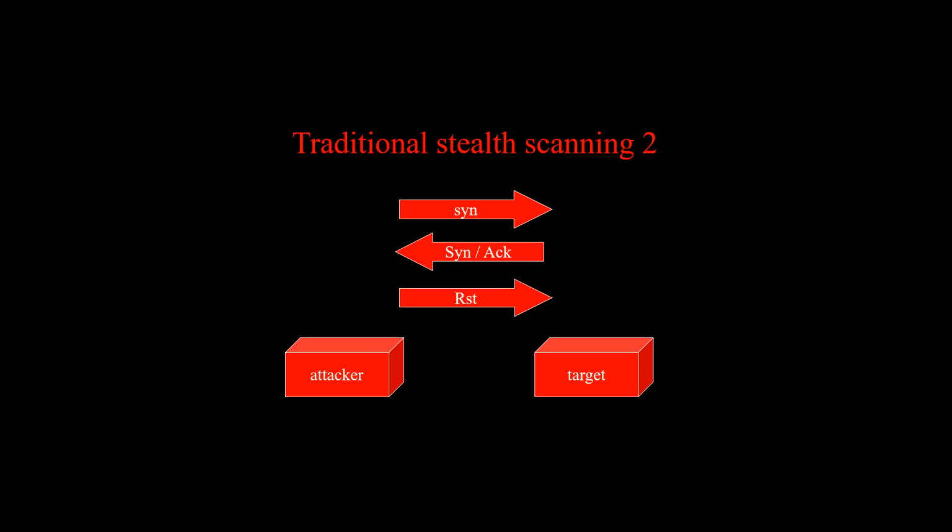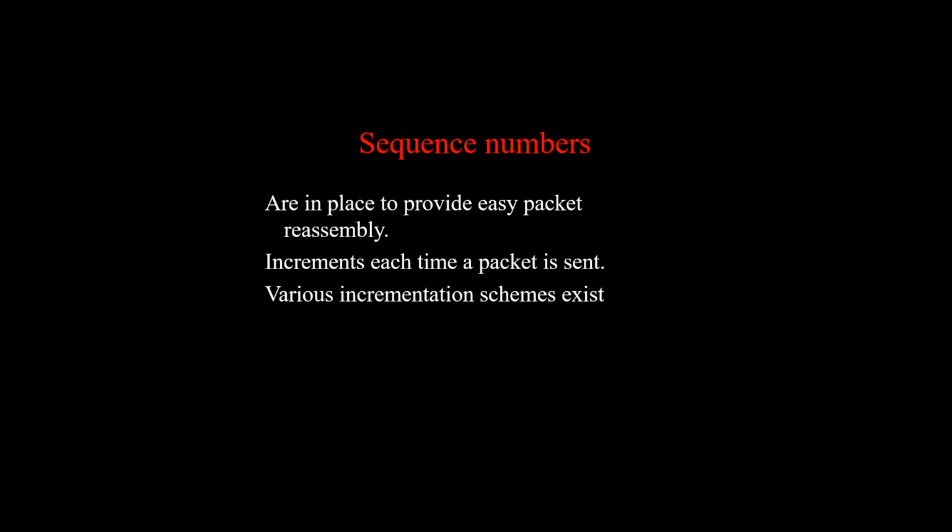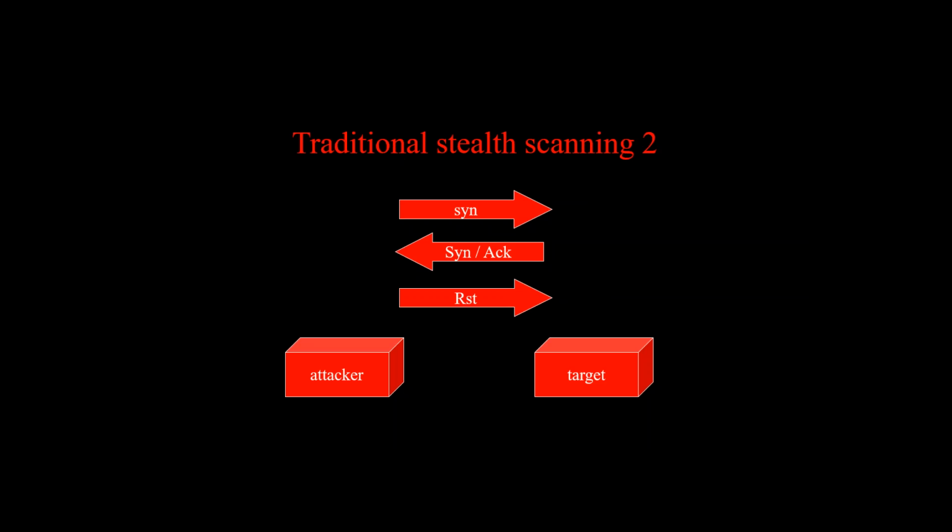Then you send a reset and you move on to the next port, because you now know the port is open. So that's what the SYN scan does. It was also called a stealth scan, because a long time ago, when you got your SYN ACK, what should happen here is an ACK, but you send a reset. When you send a reset, the complete connection did not happen, so it often wasn't logged.